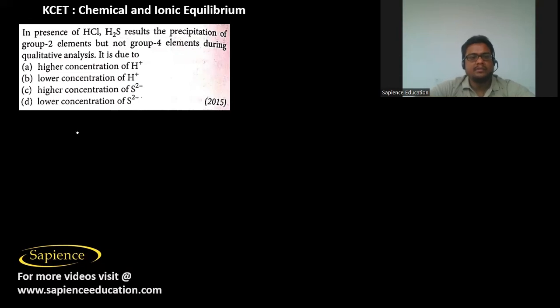Then it is told, in presence of HCl, H2S results in the precipitation of group 2 elements but not group 4 elements during qualitative analysis. It is due to... in the presence of HCl, H2S will result in the precipitation of group 2 elements but not group 4 elements.